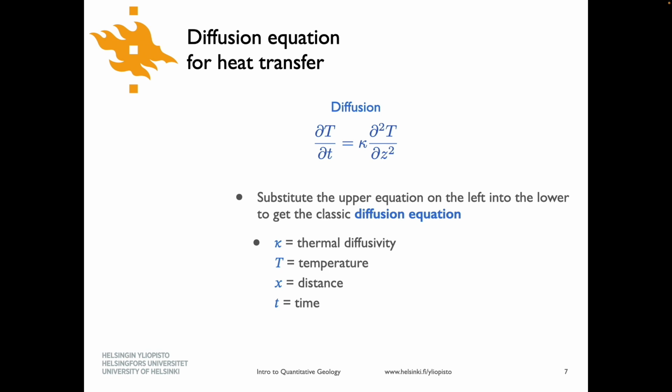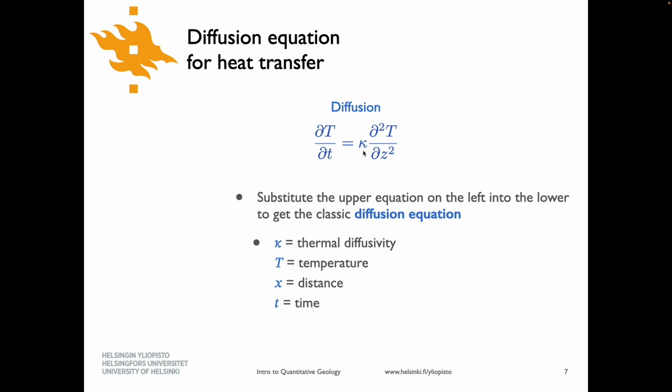One of the common applications for diffusion, as I've already mentioned, is to study things like heat transfer. So in this case, heat conduction. If we just change our C to a T, so now this becomes temperature, the change in temperature with time is equal to this kappa times the second derivative of temperature with respect to, in this case, depth, which we usually use the letter Z to indicate in most geoscience applications.